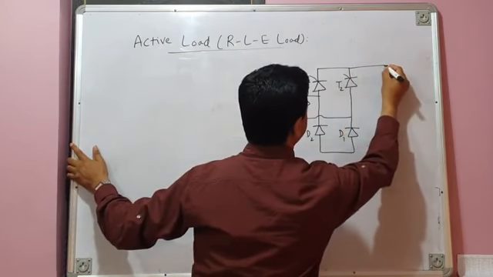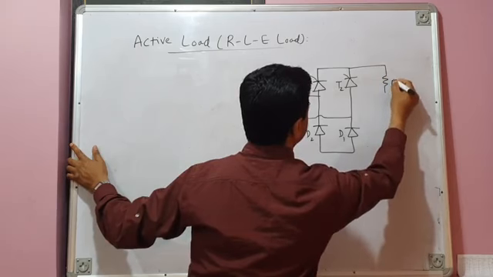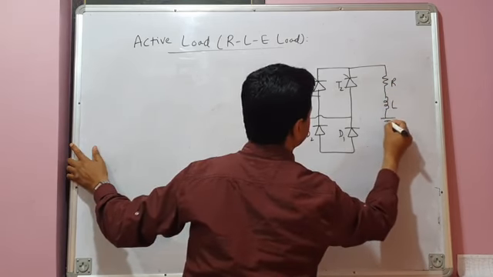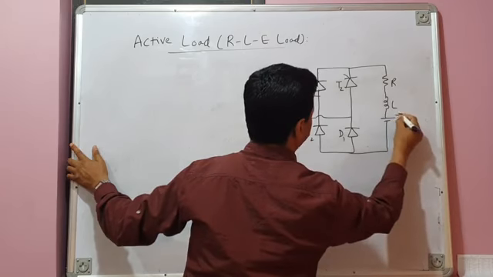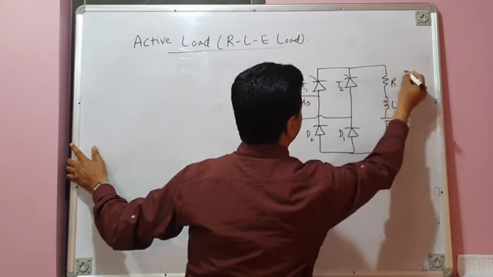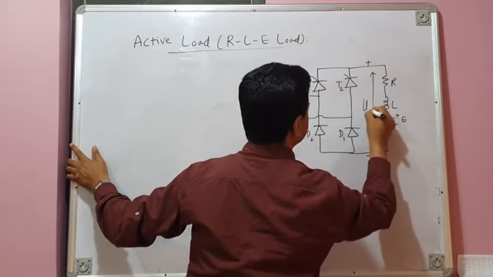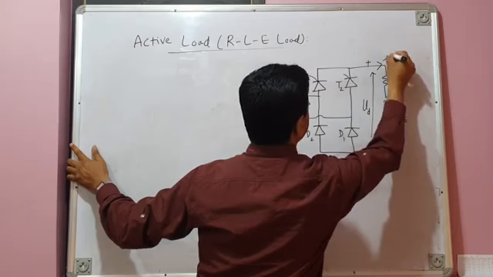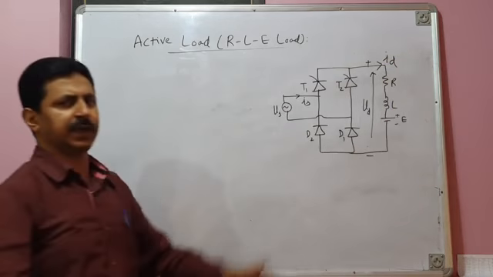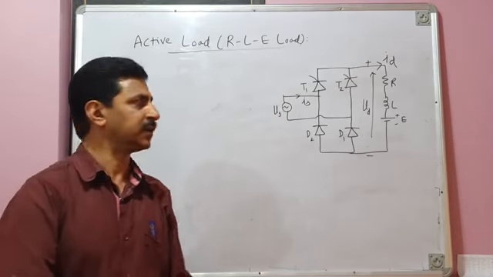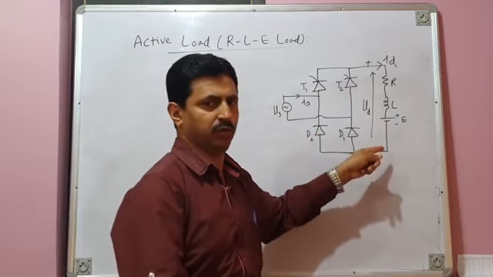This is the load side. Now the load is having a resistance, it's having inductance, and it is having its own voltage or EMF plus minus E. Now this is the positive bus, this is the negative bus, the load voltage is Vd, and let us call the load current Id. So this is the power circuit diagram of a single phase half controlled converter or single phase semi converter feeding an active load, an RLE load, as you can see.